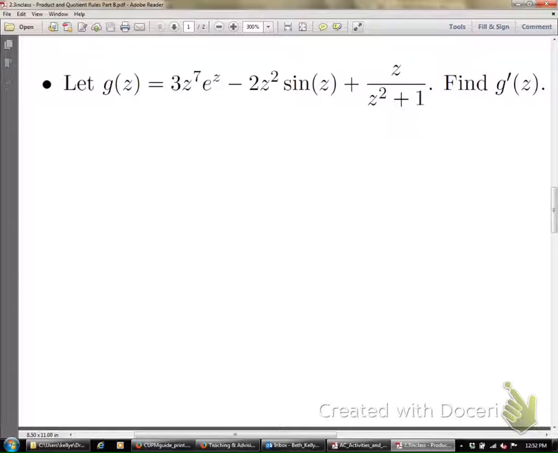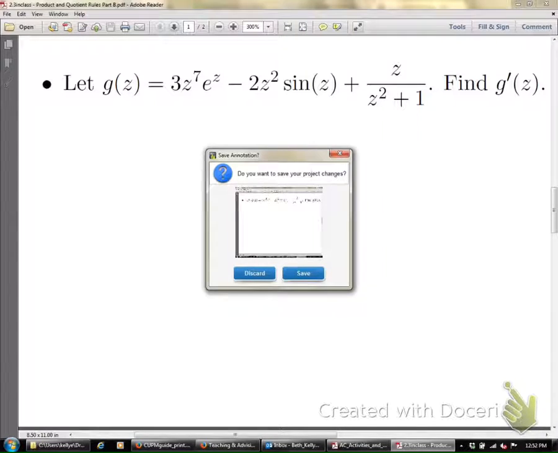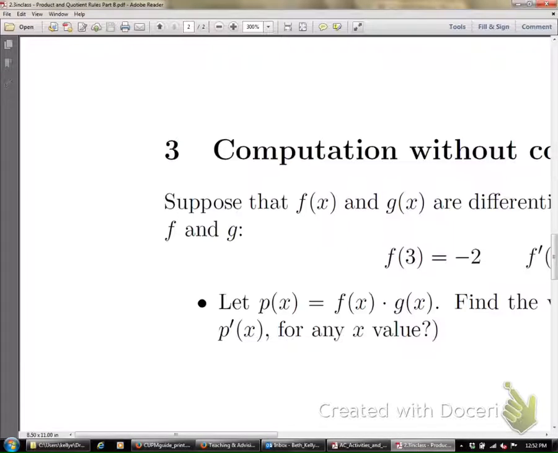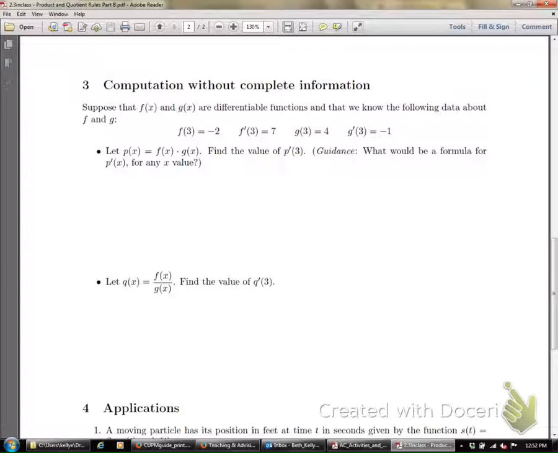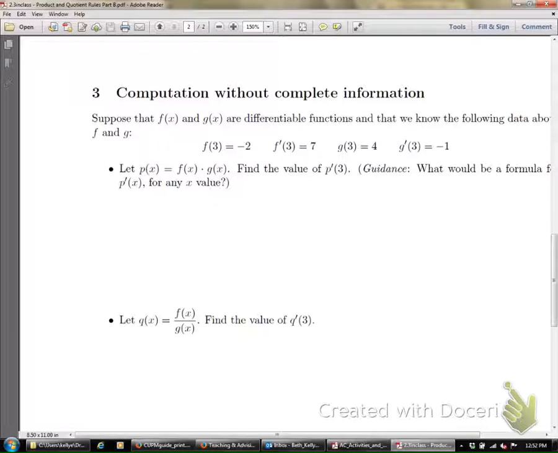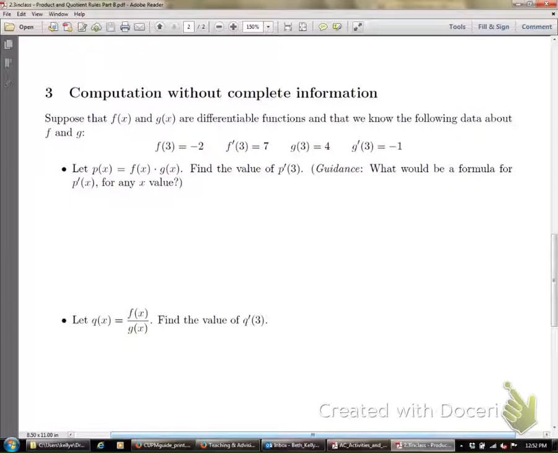All right, we're going to keep going. And, oh, I've got to move on and zoom out a little bit. Okay, so here we've got two differentiable functions, f of x and g of x, and we only know this data about them.